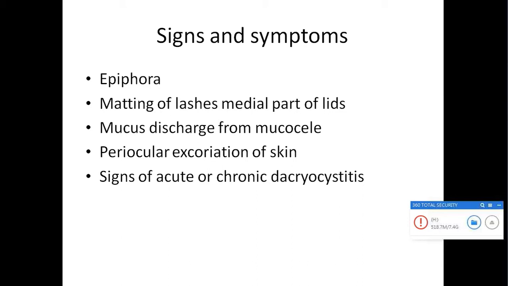So when there is obstruction to the nasolacrimal duct, the normal conjunctival flora will become potential pathogens and infect the lacrimal secretion. As you know, Staphylococcus and streptococci will release enzymes. So the discharge will have enzymes which will excoriate the skin. And signs of acute and chronic dacryocystitis can also occur whenever there is obstruction.